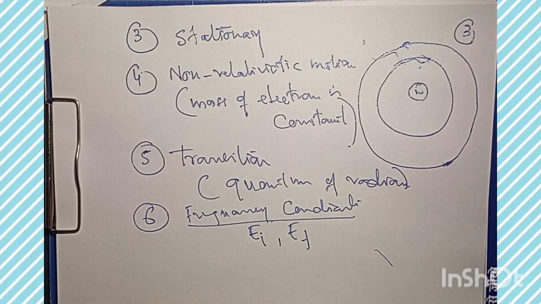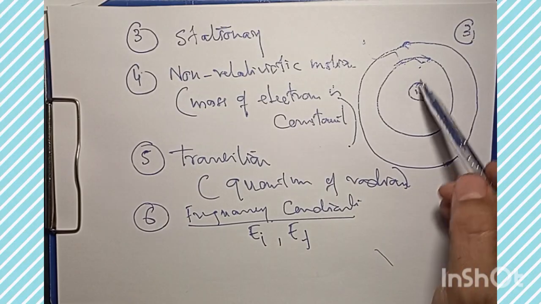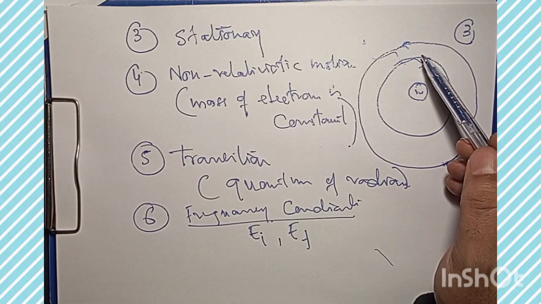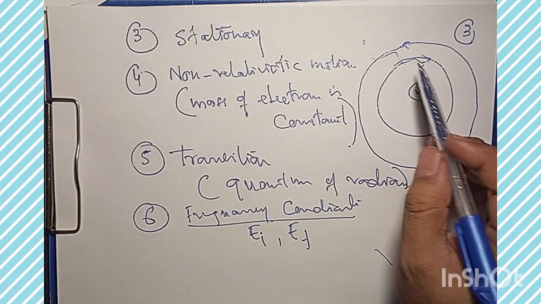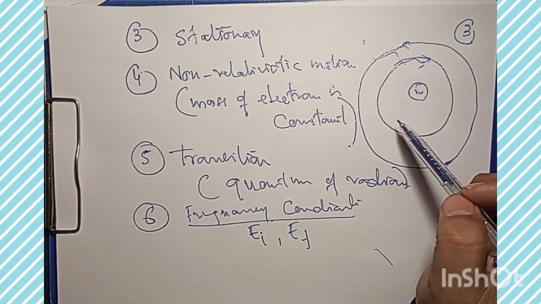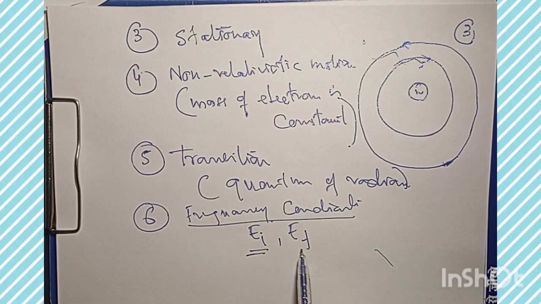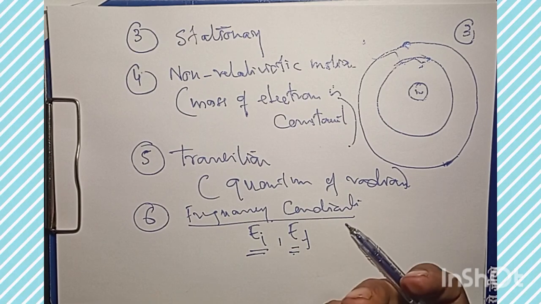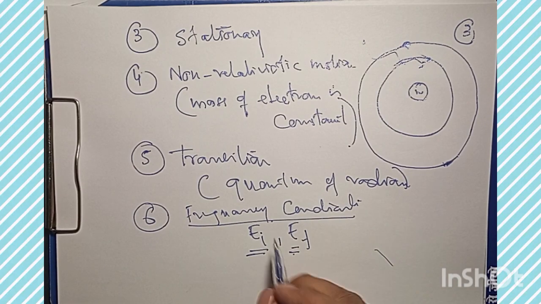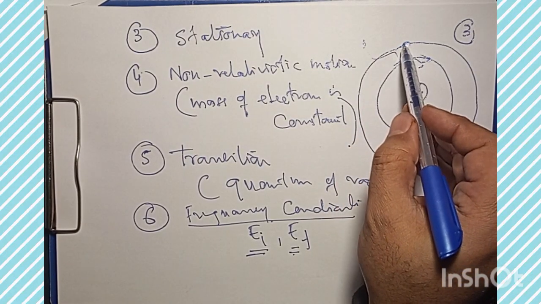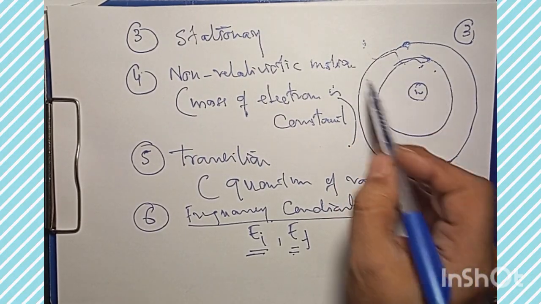When there is a jump from one orbit to another, the energies of the electron in the initial and final states are EI and EF. The energy emitted is when the electron comes from a higher energy level to a lower energy level.